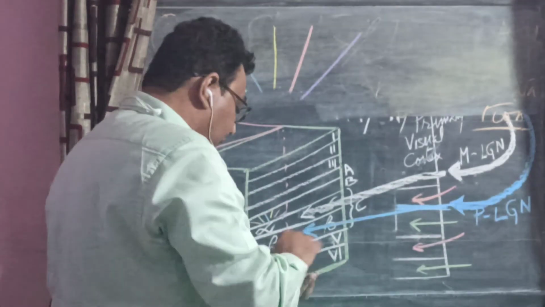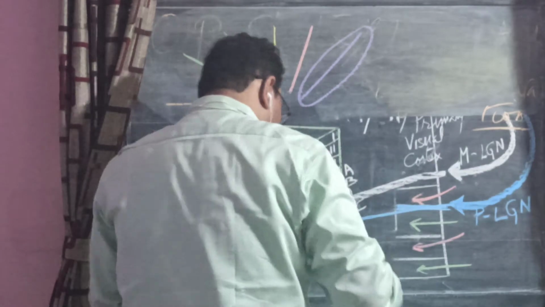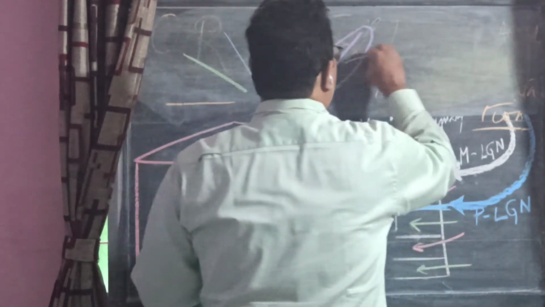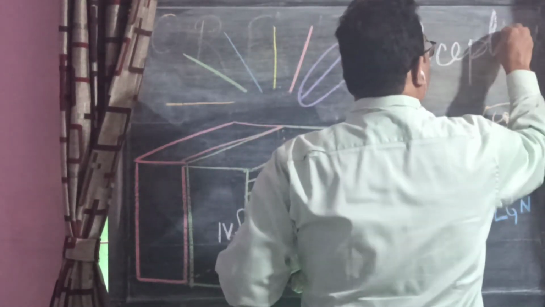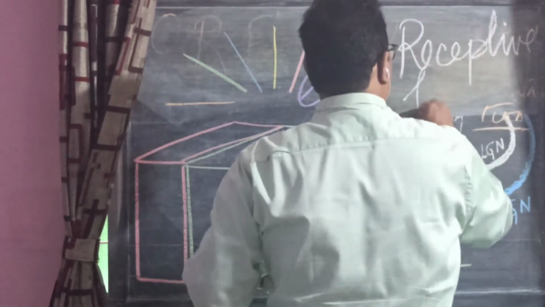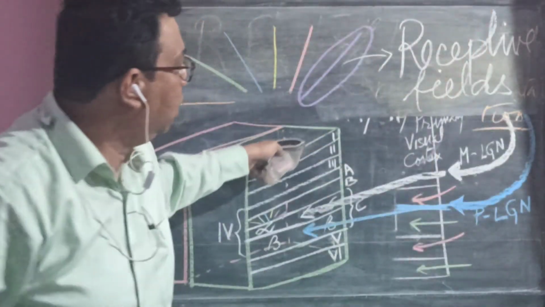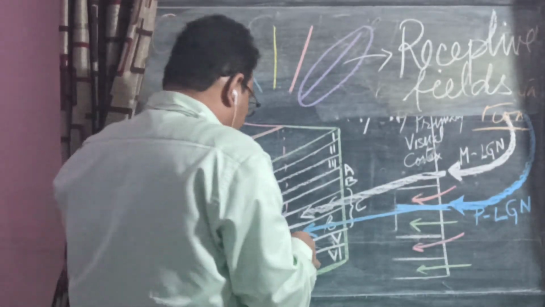So these are receptive fields oriented in this way. So you will have oriented cells.